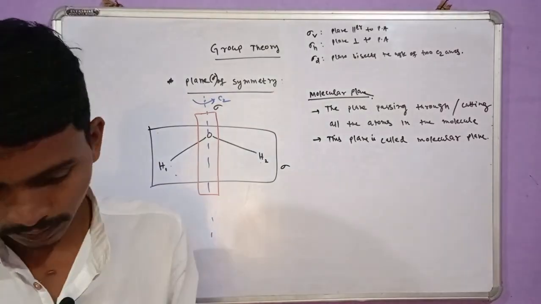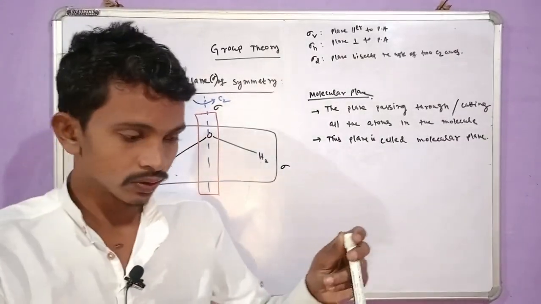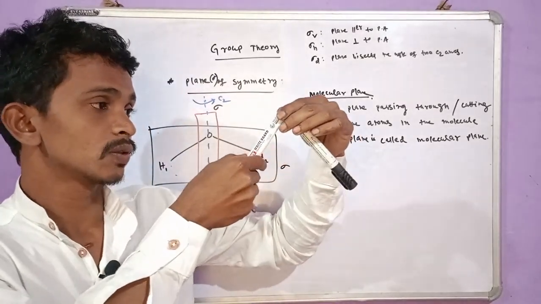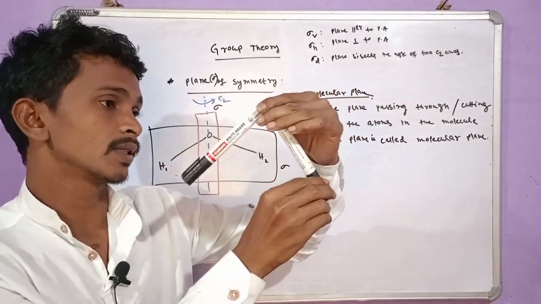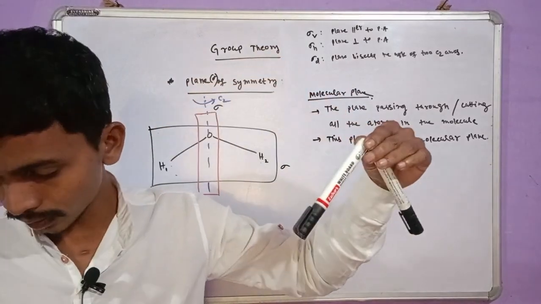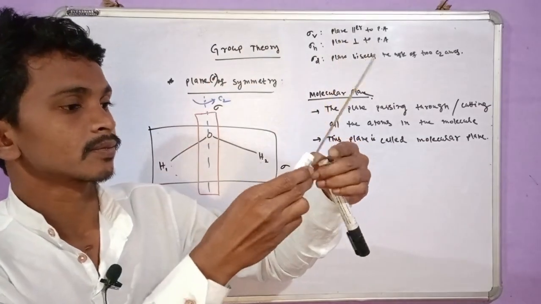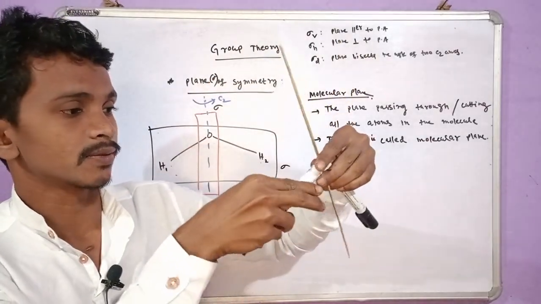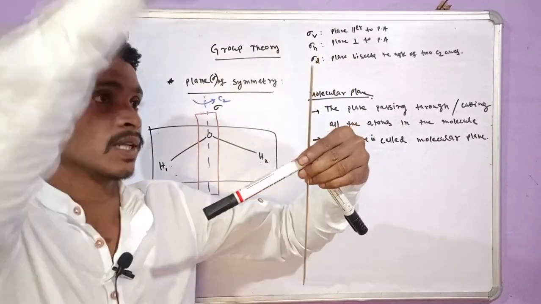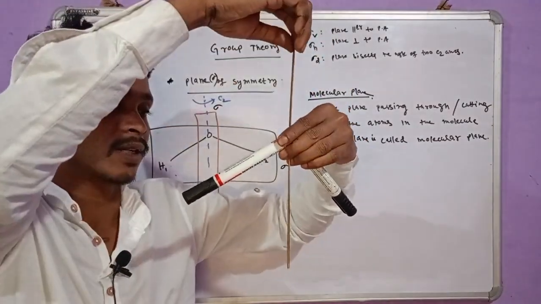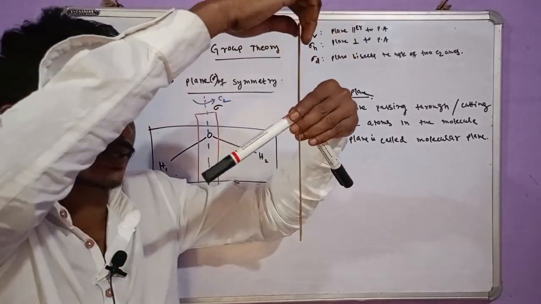So if I draw it in the picture, let's say this is the water molecule. This is hydrogen, here oxygen is there. Okay. Now let me say this is the principal axis. The principal axis is passing through like this, and if I rotate, then this will rotate like this. So this is the principal axis.